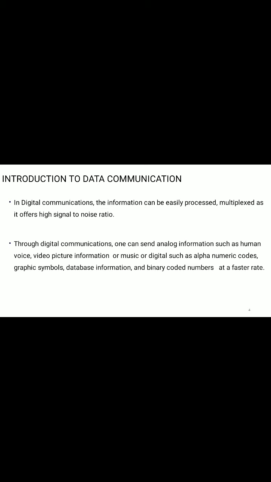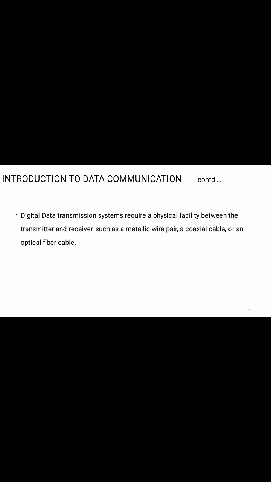In case of digital communication, one can send analog information such as human voice, video, pictures or music, or digital information like alphanumeric codes, graphics, symbols, database information and binary coded numbers at a faster rate. But in case of analog communication, we can't send the data as fast as possible, and also some noise may occur.